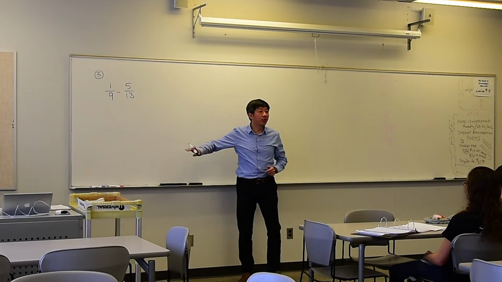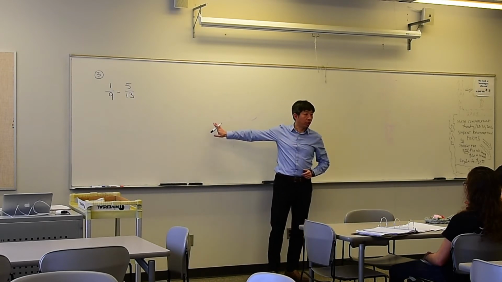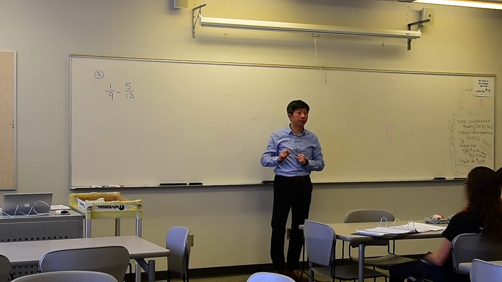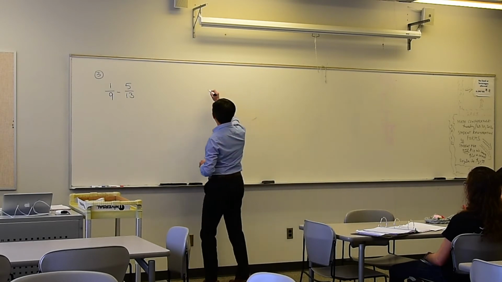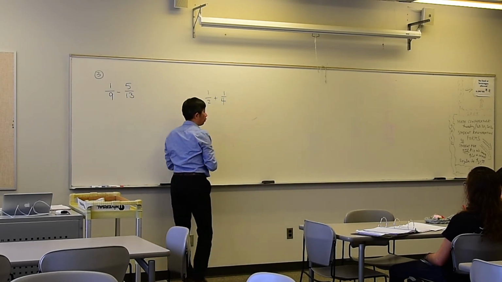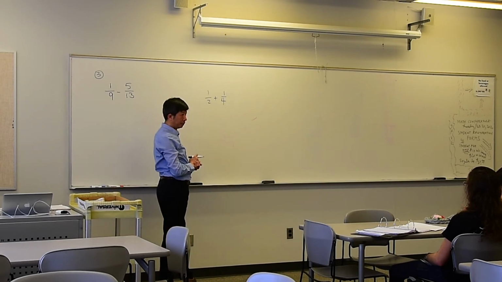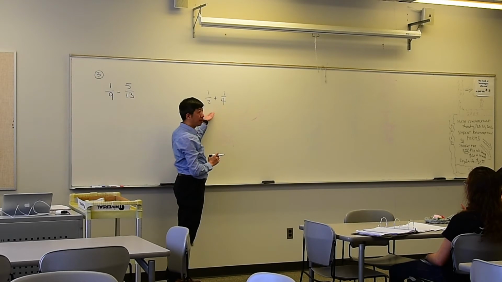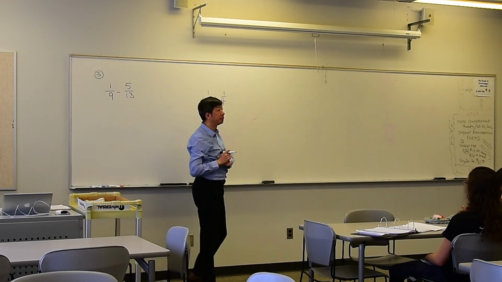So let me show you, addition. Actually, addition and subtraction are the same, okay? One half plus 1/4. Again, we need the same common denominator, and then we can do any operation here, right?